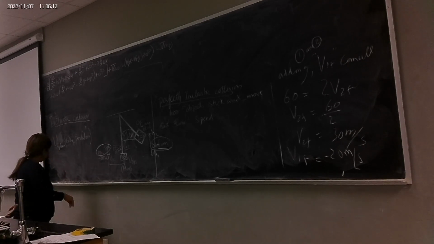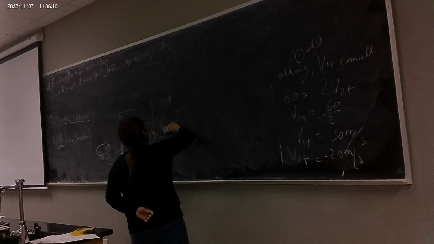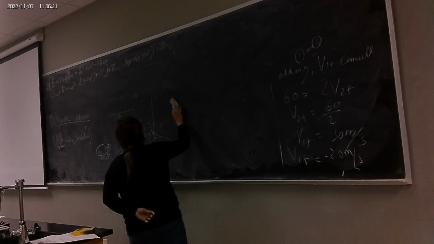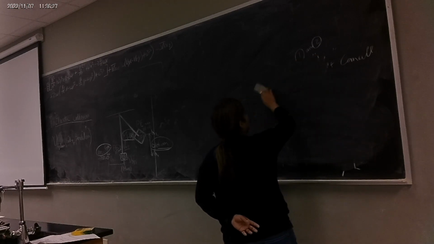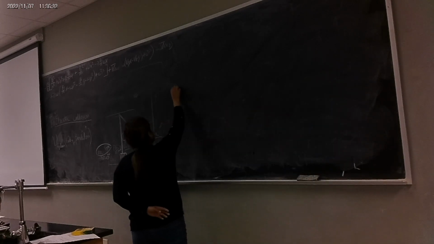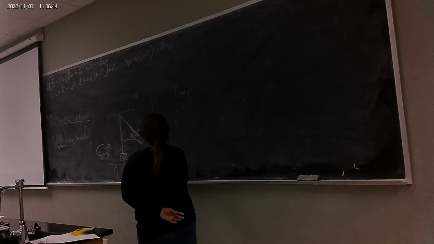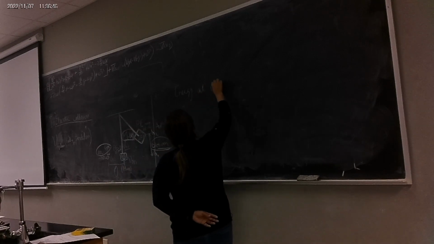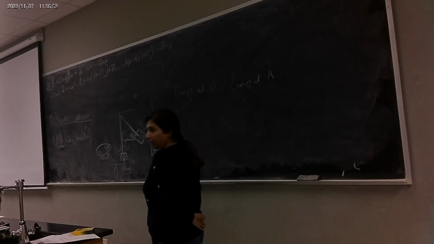We can use the energy at a point. Let's call this point O. This is A. So the energy at point O should be equal to the energy at point A. Correct?